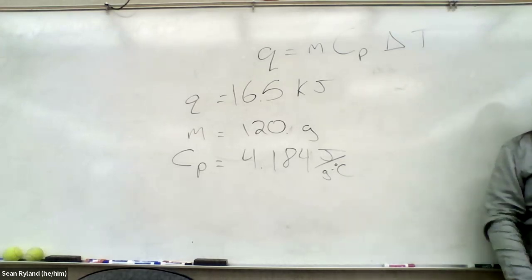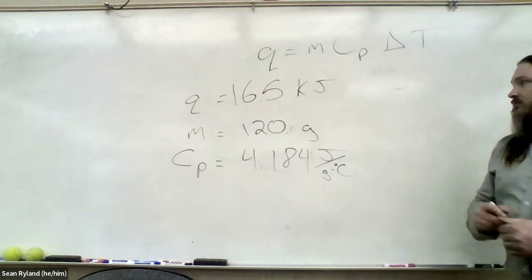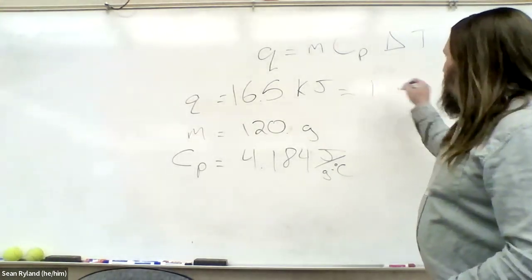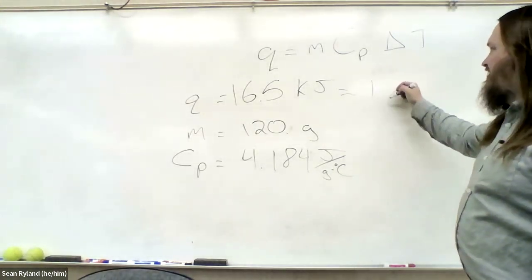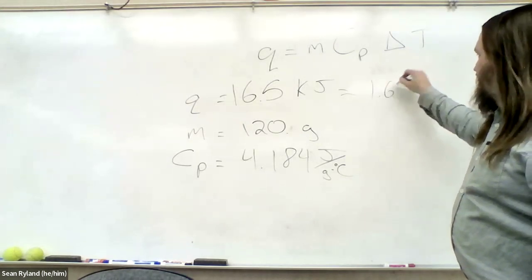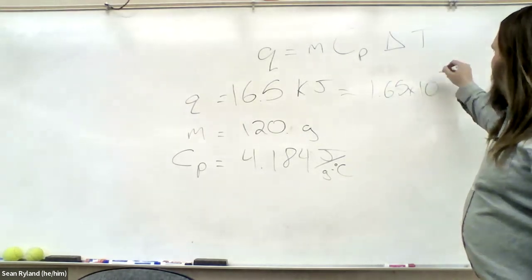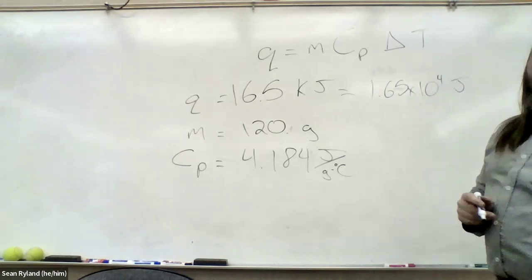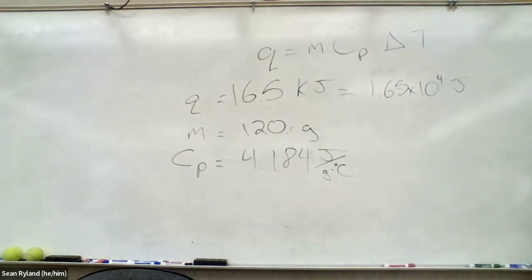So we just got to change kilojoules to joules: 1.65 times 10 to the 4 joules. But then, yeah, it really is that easy.